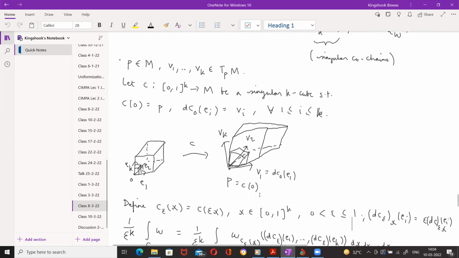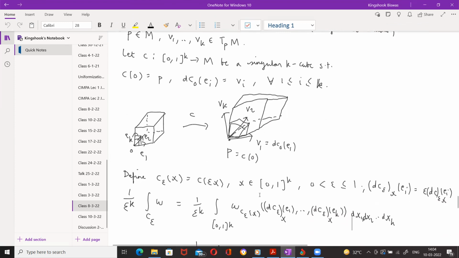if I use C to define a family of shrinking cubes, so I look at the cube C epsilon of x is C of epsilon x. In other words, I'm restricting C to a small cube of side length epsilon. And then if I integrate omega over C epsilon, you see the sides are going to be more and more approximated by these vectors v1 to vk.